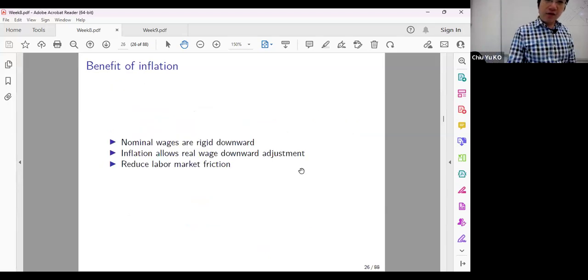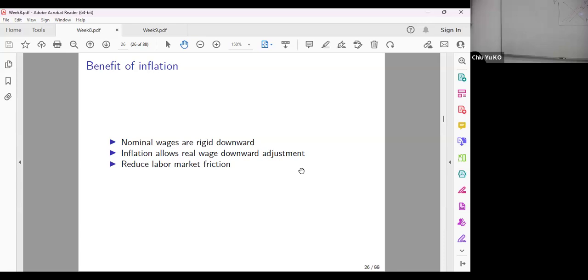Of course, there are some benefits of inflation that offset many costs. One reason inflation can be good is that wages are sticky. For a firm, it's very difficult to cut someone's salary.